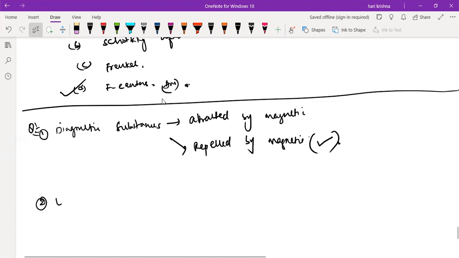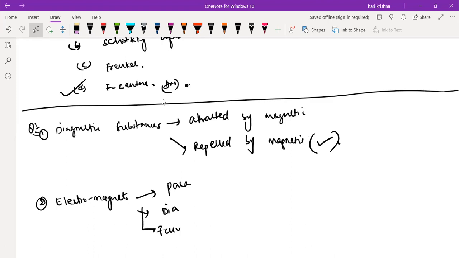Now, electromagnets will be considered as paramagnetic, diamagnetic, ferromagnetic, or antiferromagnetic behavior? What type of magnetic behavior will electromagnets show? What is the meaning of electromagnets?